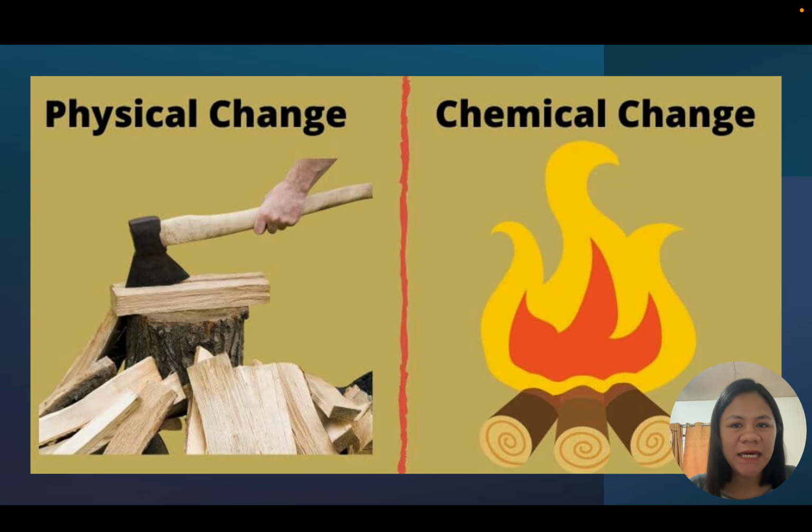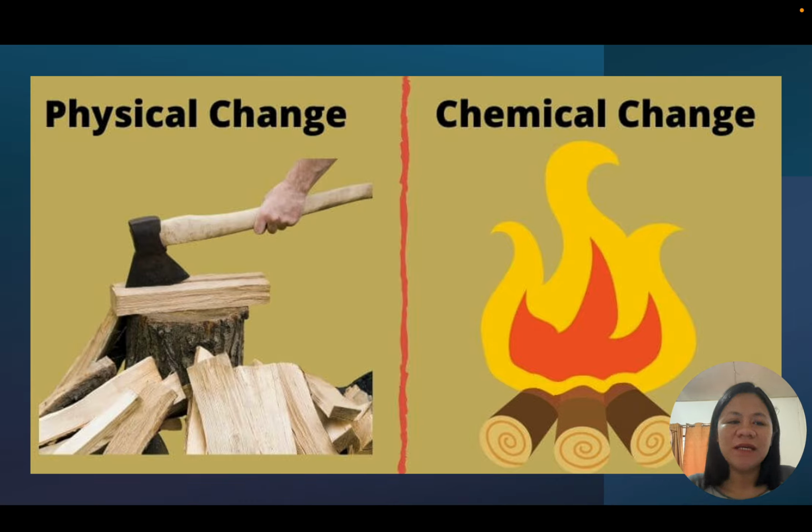Another example is wood, cutting the wood. In physical change, we just change its shape. But in chemical change, when we're doing a bonfire, eventually there will be changes because after the bonfire we'll only get ashes.